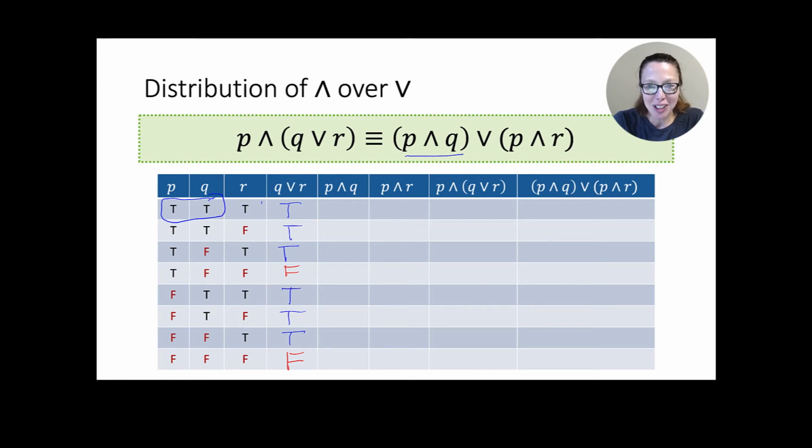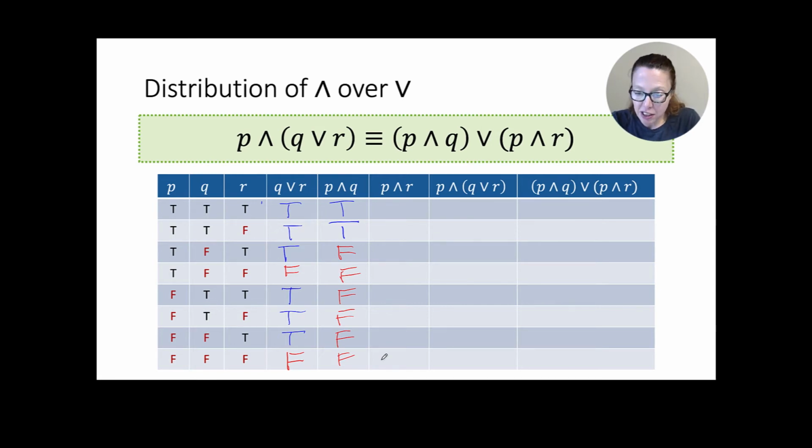Both P and Q are true, and so P and Q is true. In the second row, we have true, true as well, and so P and Q is also true. But in every other instance, at least one of P or Q is false, and so that conjunction P and Q must be false. So we can fill in the remaining rows.